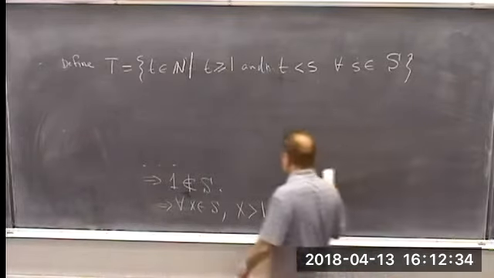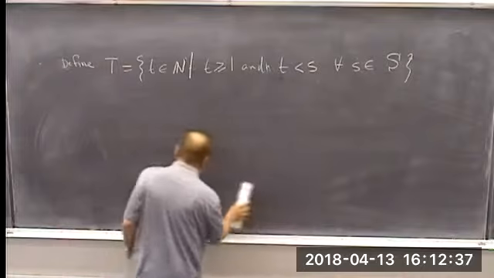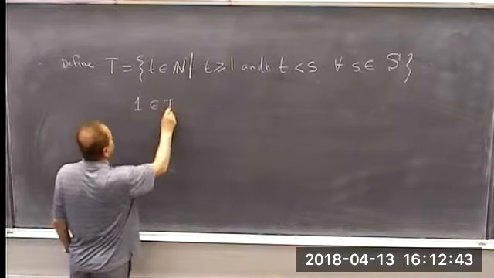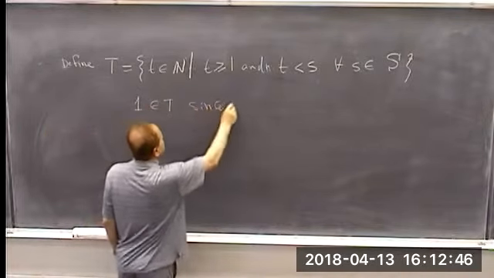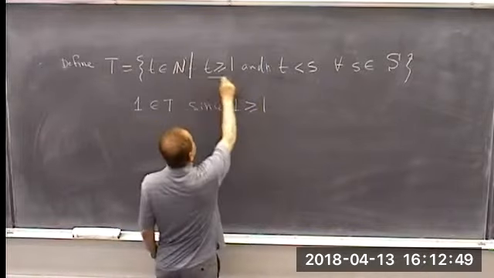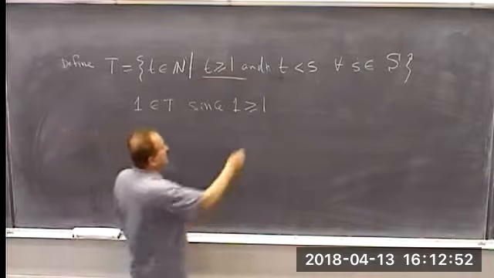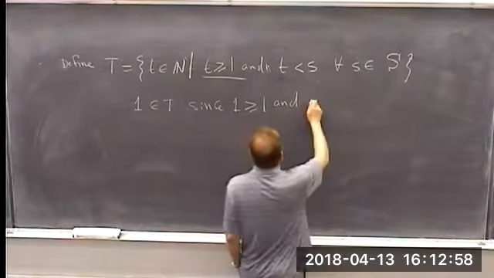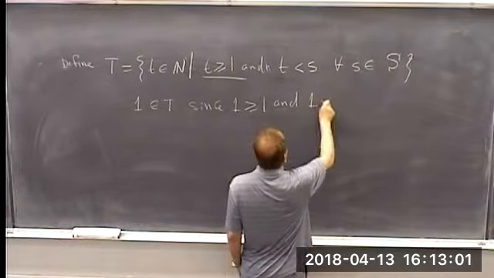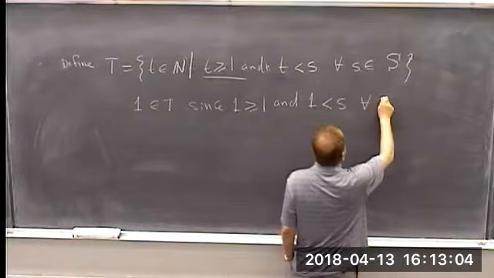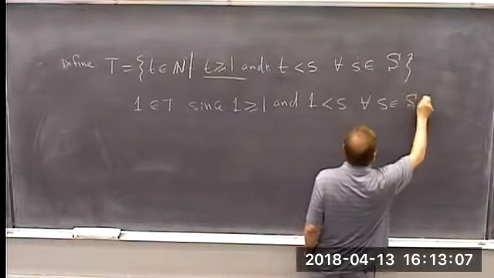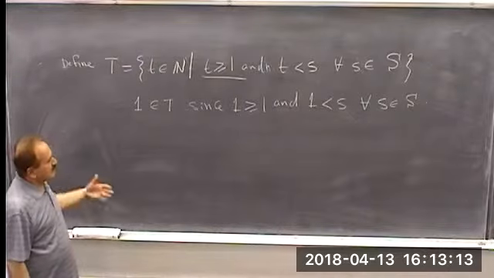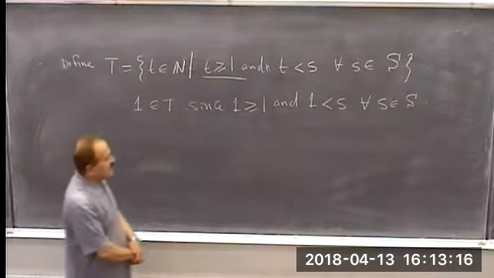So first, we have 1 belongs to T, since 1 is bigger than or equal to 1, which satisfies this condition, and 1 is less than s for every s in S. So this is true by our choice of S, non-empty, and it does not have 1 as a least element.